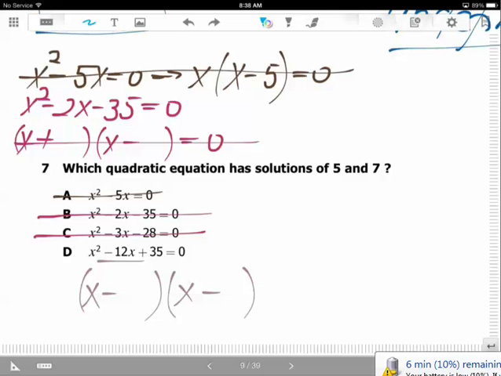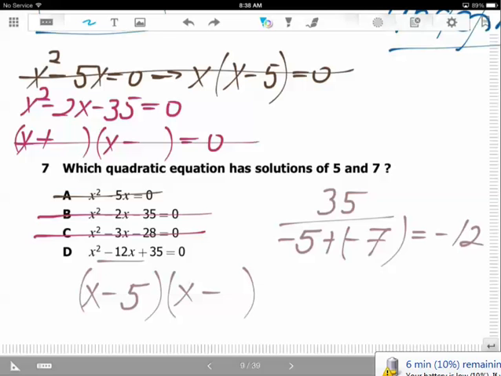It will be x minus something, right? Those two numbers should multiply to 35, and they should add up to negative 12, okay? And we know that we're looking for negative 5 and negative 7, which if you add gives you negative 12, and if you multiply gives you 35. And these are the answer. X minus 5, x minus 7 equals 0, which definitely holds the two roots, 5 and 7.